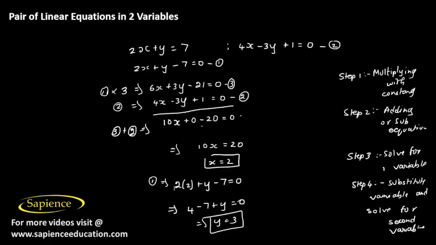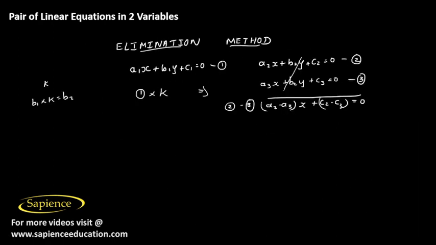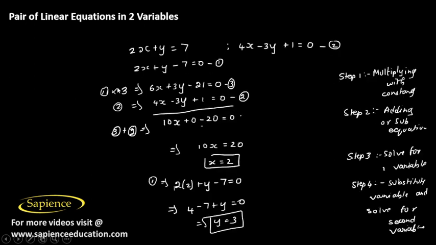Let's do a small summary. In the elimination method, we need to eliminate any one of the variables first by adding or subtracting. But before adding or subtracting, we sometimes need to multiply one of the equations or sometimes both equations, so that the coefficient of one of the variables is the same.